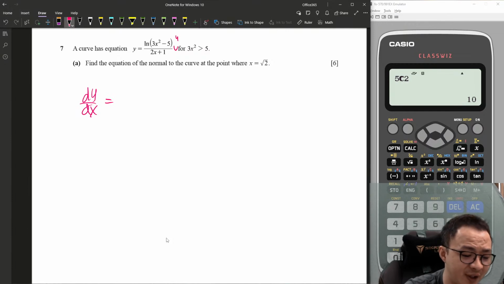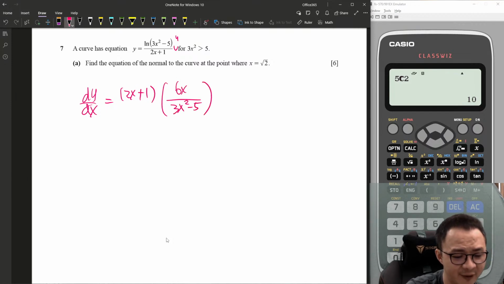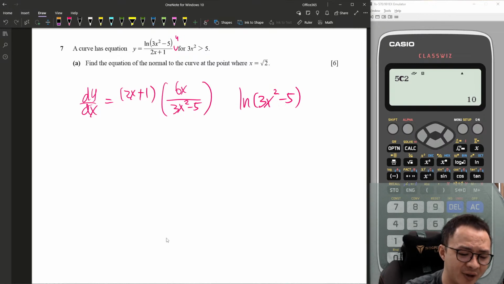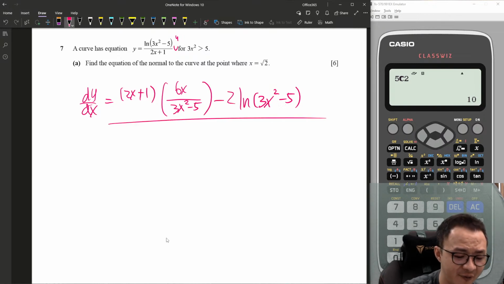Quotient rule, u over v: copy the v, differentiate the u. This is 6x over 3x squared minus 5, minus copy the u, differentiate the v, which is 2. I will write a 2 in front here, divided by v squared.